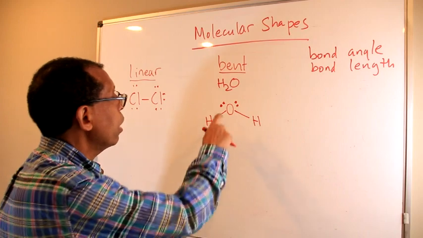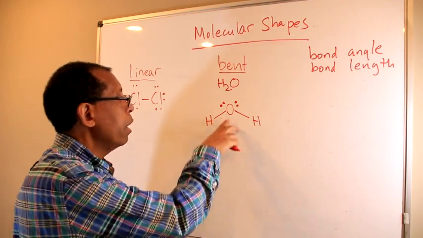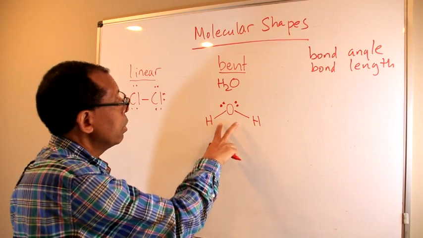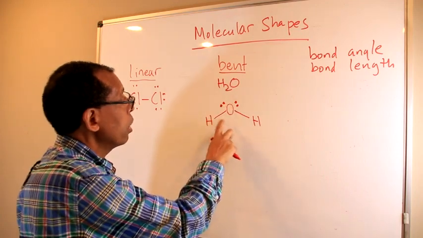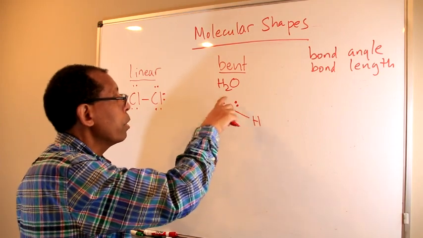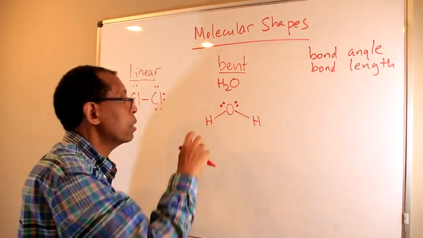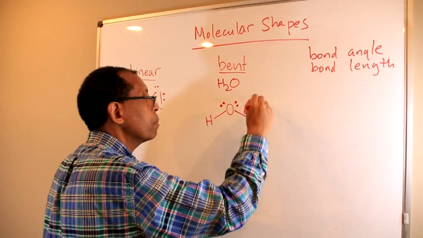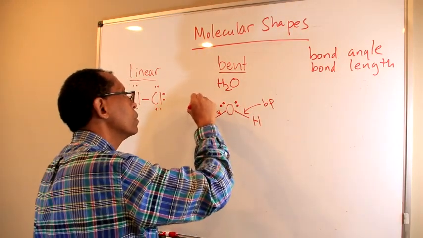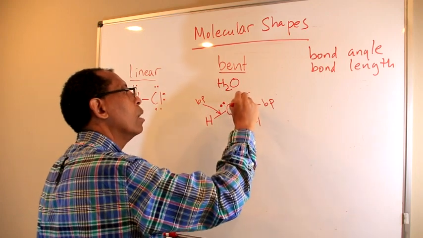So the shape of this molecule, if you just account for the image that you are looking at, is bent because of the presence of the lone pairs and the bond pairs. These are bond pairs, and these are lone pairs.